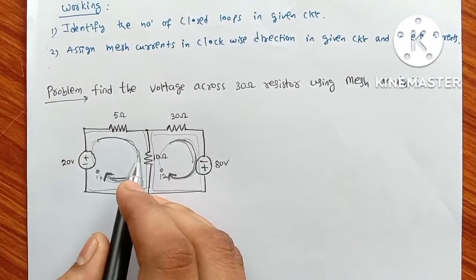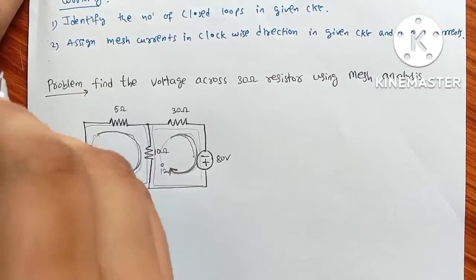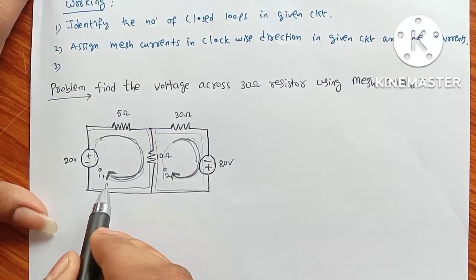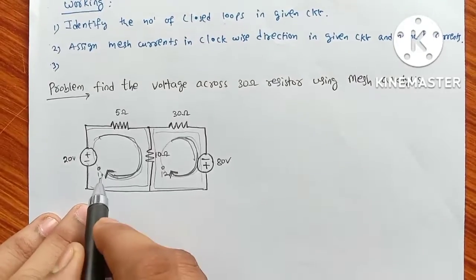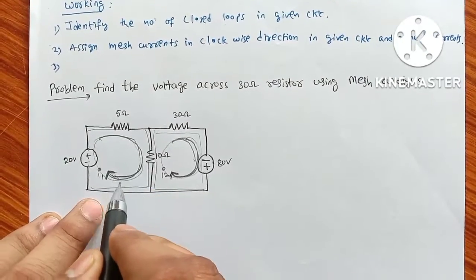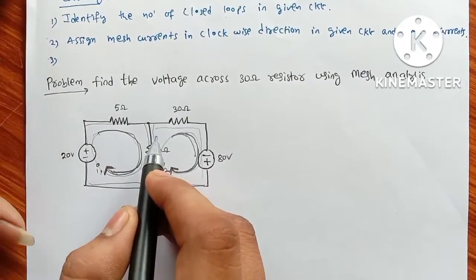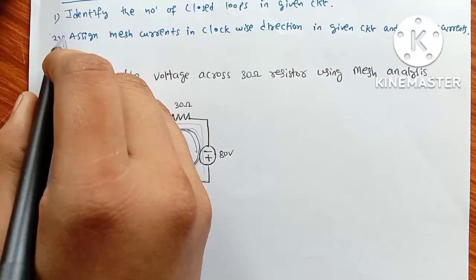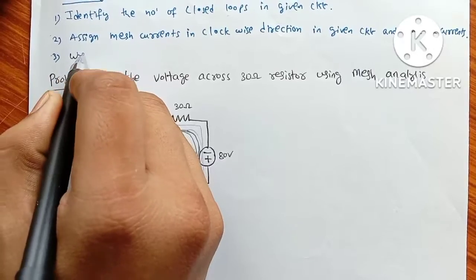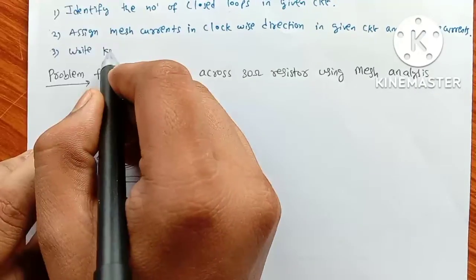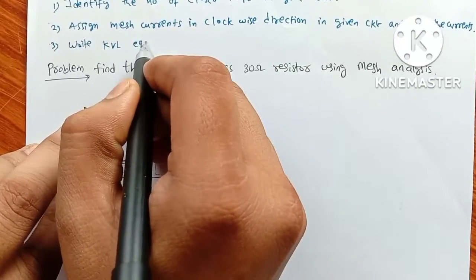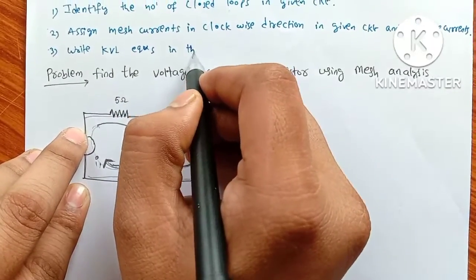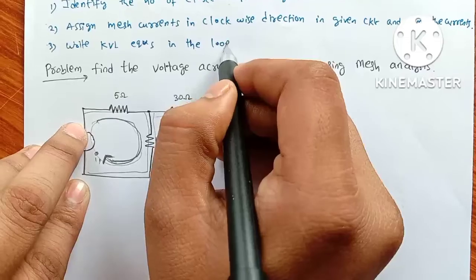Then later what should we do? In the third step, what are the various parameters that are affecting these loops? We write them in expression form, such as writing the equations for the loops.